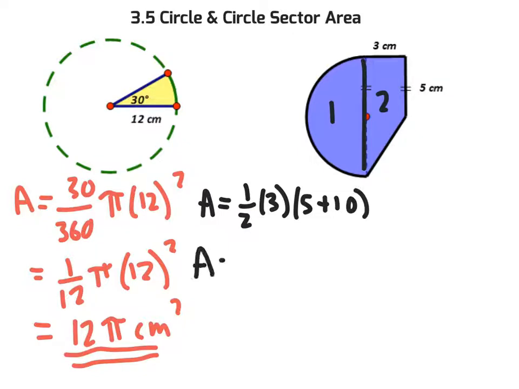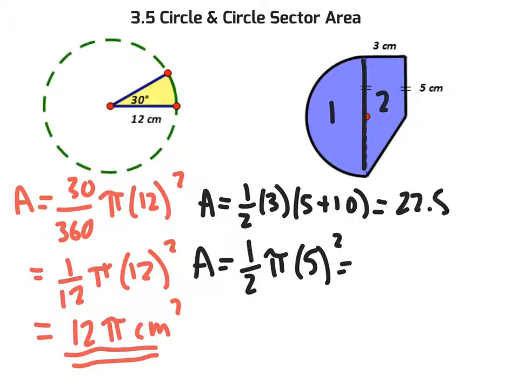And I'm going to add that to a half of a circle, which is half of pi r squared, right? And so let's figure these out. This turns out to be 22.5. And this turns out to be 12.5 pi. And so the area of this shape are those two things added together.